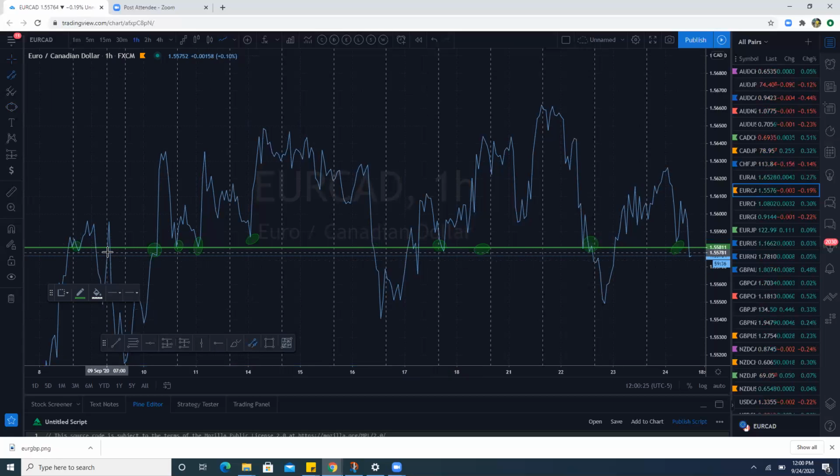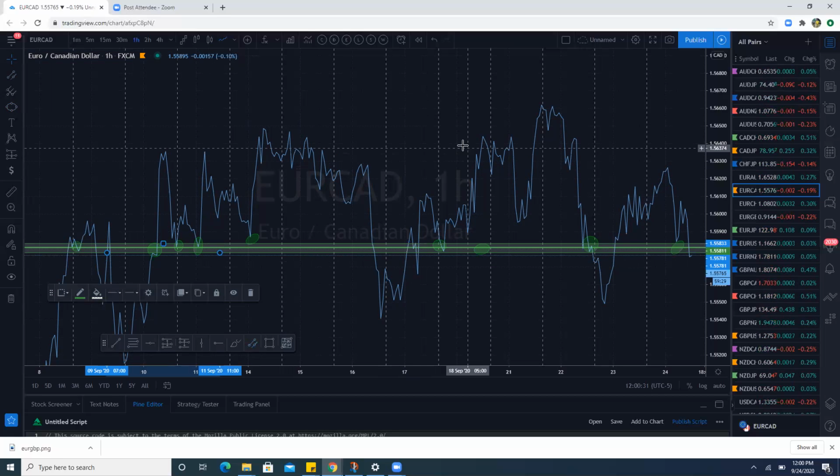Make sure it's straight. There we go. The second area that draws interest to me is this area here.